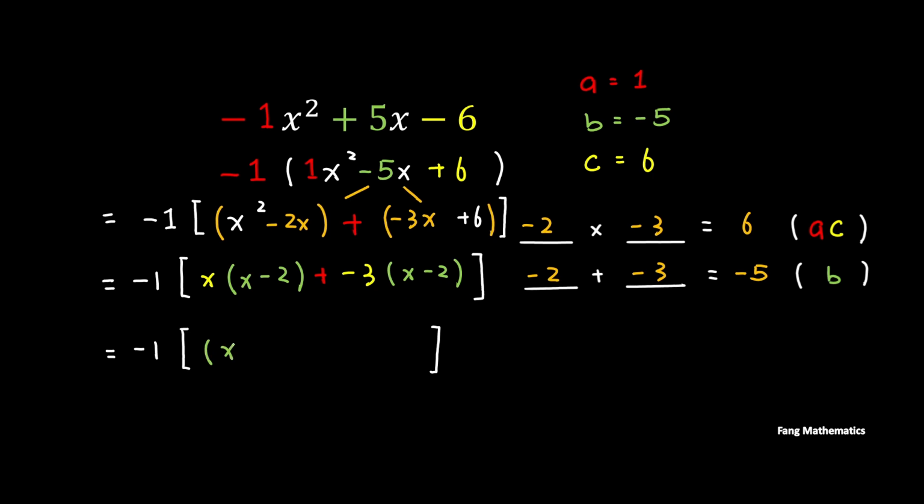So you can factor out x minus 2, and then you have x minus 3 in another parenthesis. And don't forget the plus sign. And if you are looking at this, plus minus will ultimately get you minus. You can remove the parentheses and get your final answer.